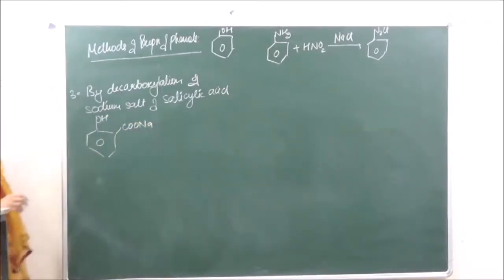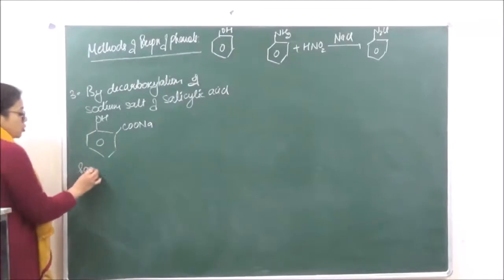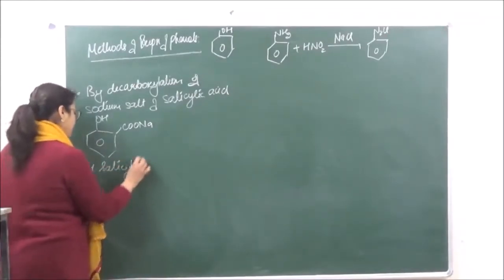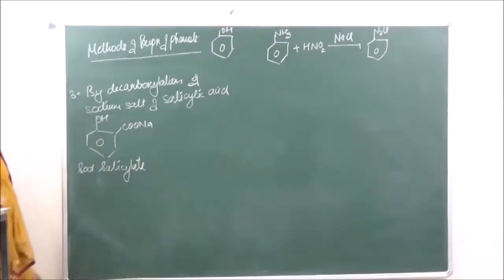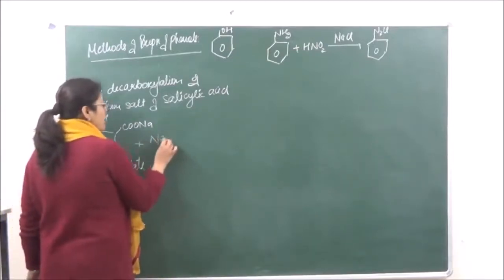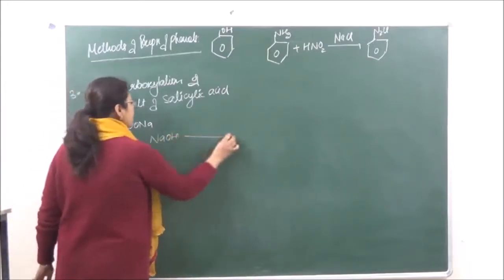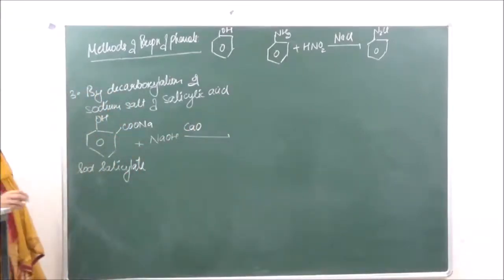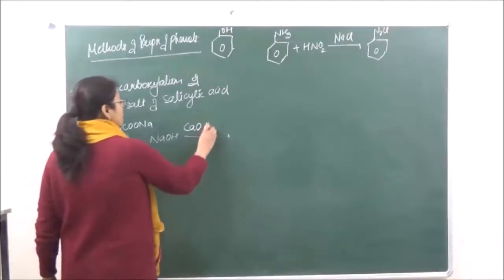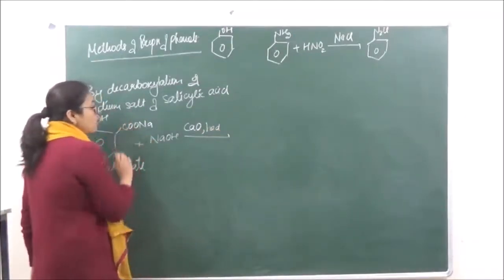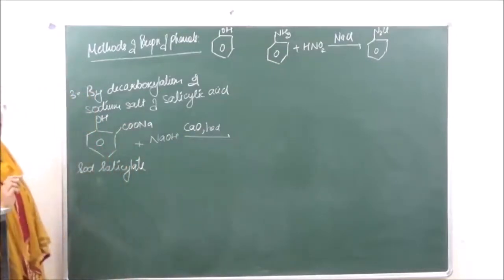This is the formula of sodium salicylate. Now this sodium salicylate is going to be reacted with soda lime, that is NaOH in presence of calcium oxide, and we heat the reaction mixture, when Na2CO3 is going to be removed.